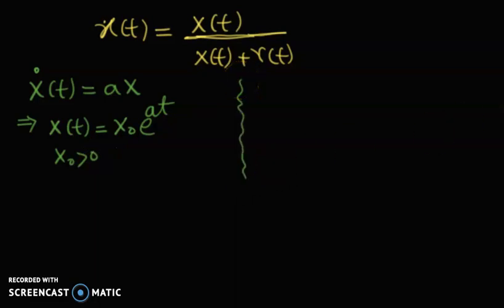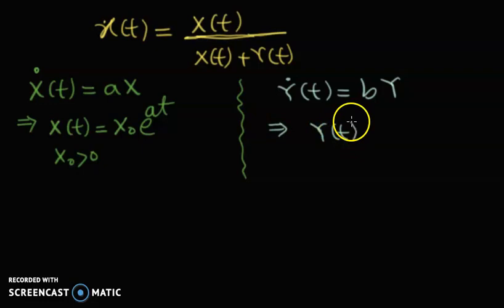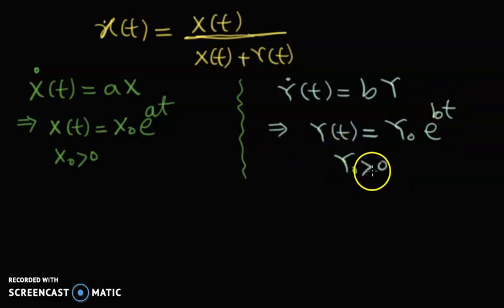And also we have the dynamics of Y, whose time derivative of Y is equal to b times Y, and from here we can solve and get this over here, where Y naught is going to be positive.